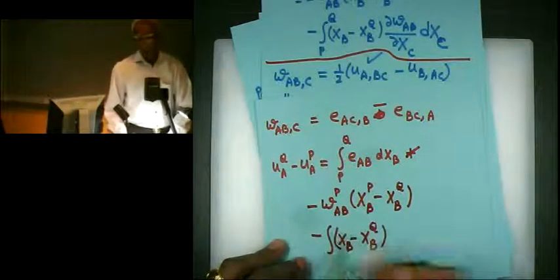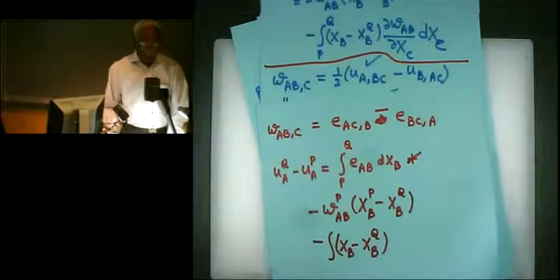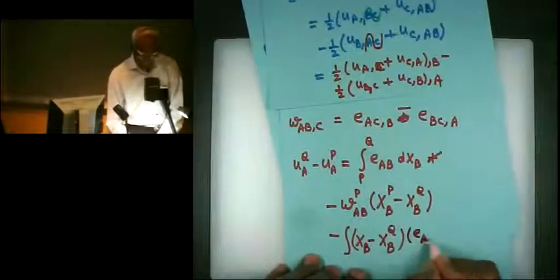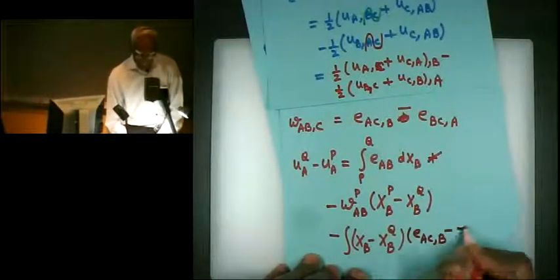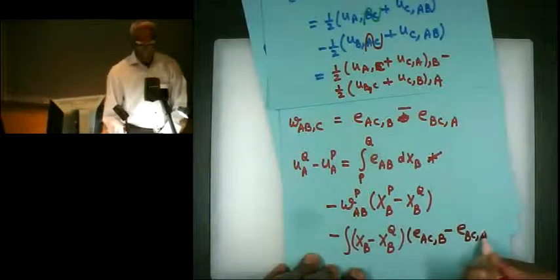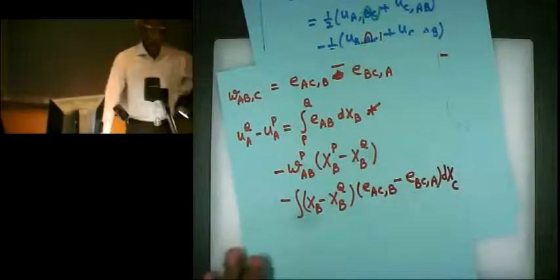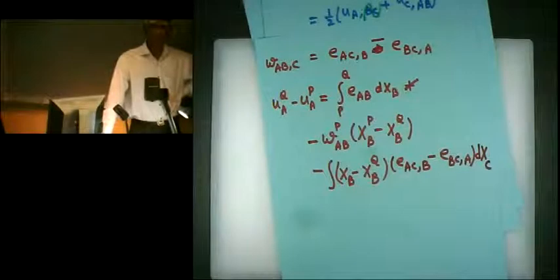This delta omega AB over delta XC is this quantity, which is E_AC,B minus E_BC,A dx^C. So we have this as the final result.